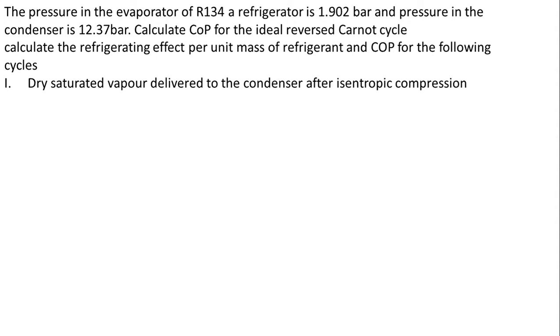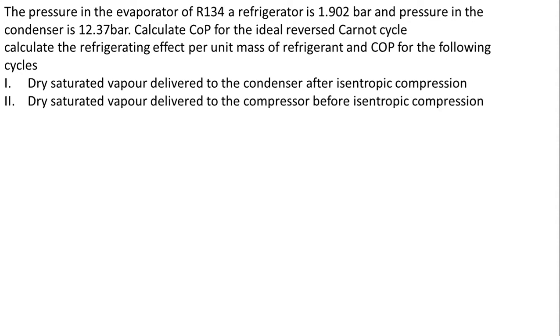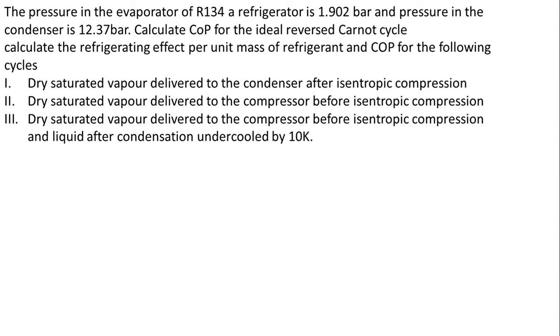The first is dry saturated vapor delivered to the condenser after isentropic compression. That is the first condition. The second condition is dry saturated vapor delivered to the compressor before isentropic compression. And the third condition is dry saturated vapor delivered to the compressor before isentropic compression and liquid after condensation undercooled by 10 Kelvin.